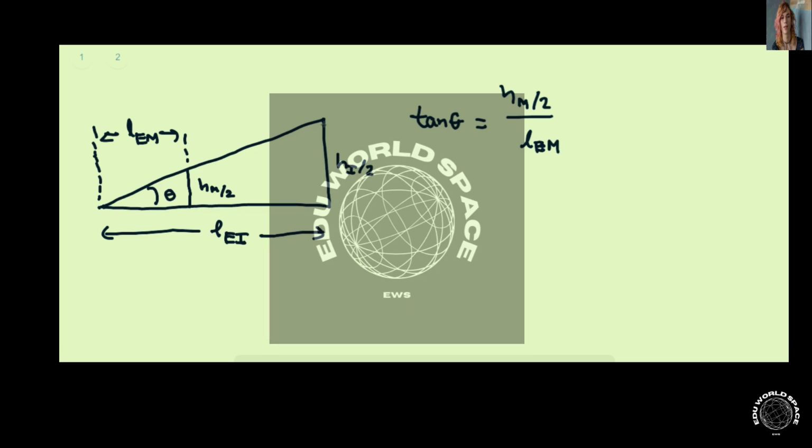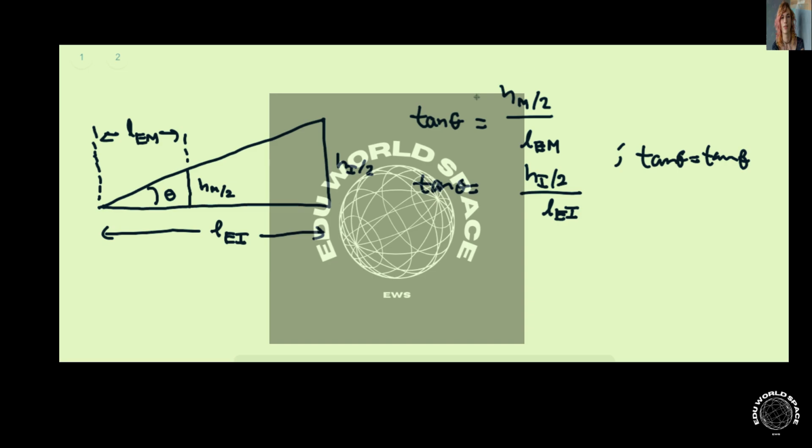And the big triangle also shares the same angle with the small triangle. So we have, again, tangent of theta is equal to opposite over adjacent. And obviously, tan of theta is equal to tan of theta.